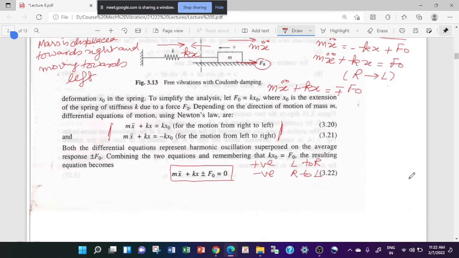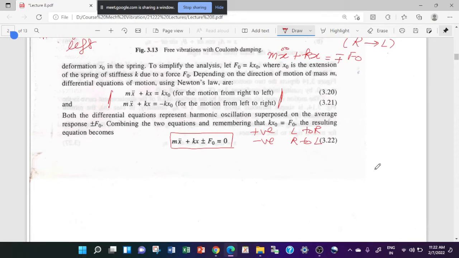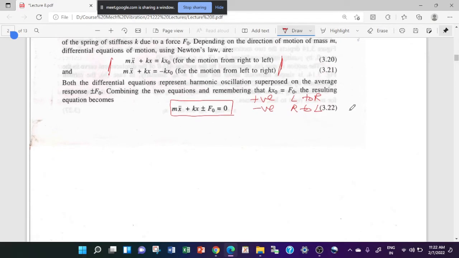Now here I can write this equation in terms of equivalent. I am writing this spring force and this force equivalent to spring force of small x naught distance spring deflection. So it becomes mx double dot plus k, I can take k out. It becomes x plus minus f naught upon k is equal to 0.